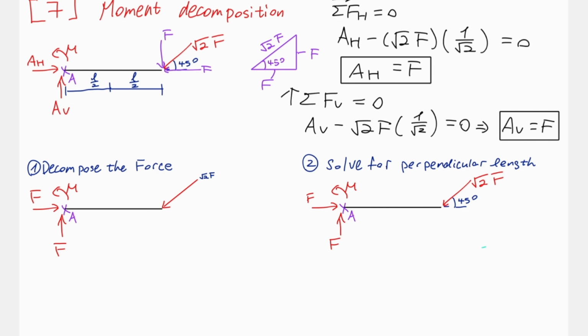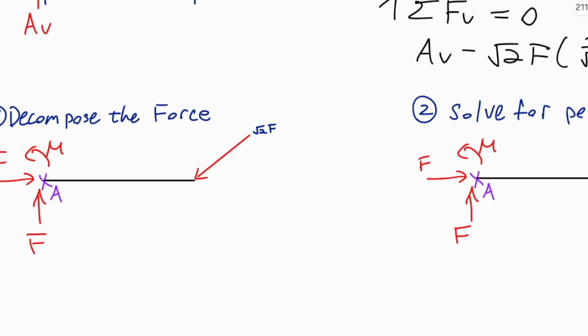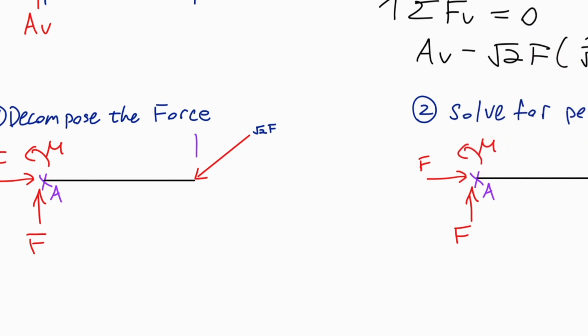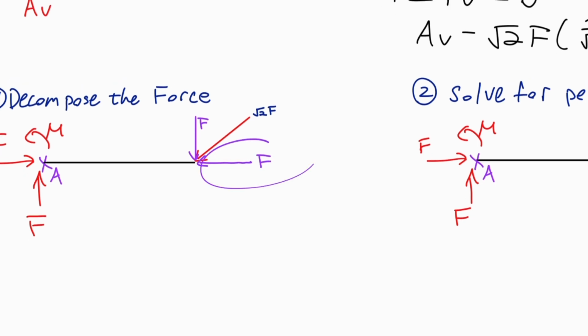I need to figure out a force that is perpendicular to my point A and one that's parallel to the point A, and I can say that just the perpendicular component induces a moment at point A. So the perpendicular component is of course vertical, and the parallel component is horizontal, so I would decompose it in these two directions, which gets me the same forces that I decomposed earlier, this one of magnitude F, and this one of magnitude F. Okay, this one of course doesn't induce a moment, and this one does.